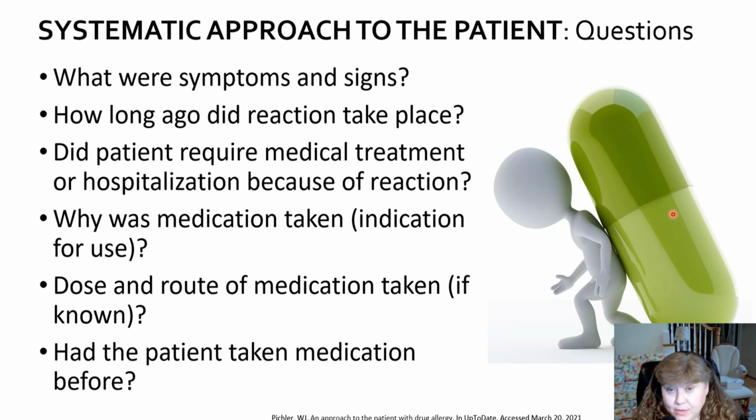Why were they being treated with that medication? And then, of course, what was the route of administration? Was it given orally or was it given IV? And then, had they ever taken the medication before so that they would have had an opportunity to be sensitized to it? It's unlikely to be an IgE-mediated reaction on the very first exposure to that medication.